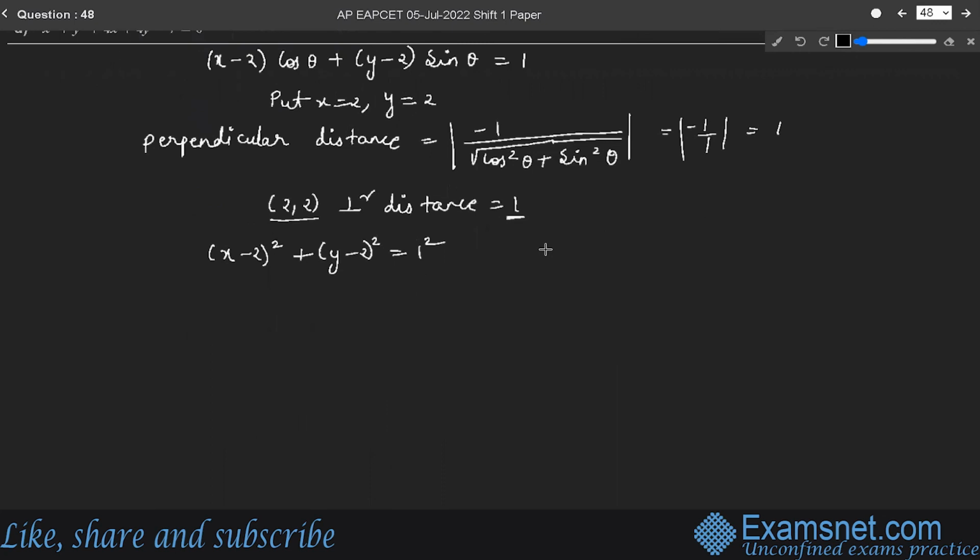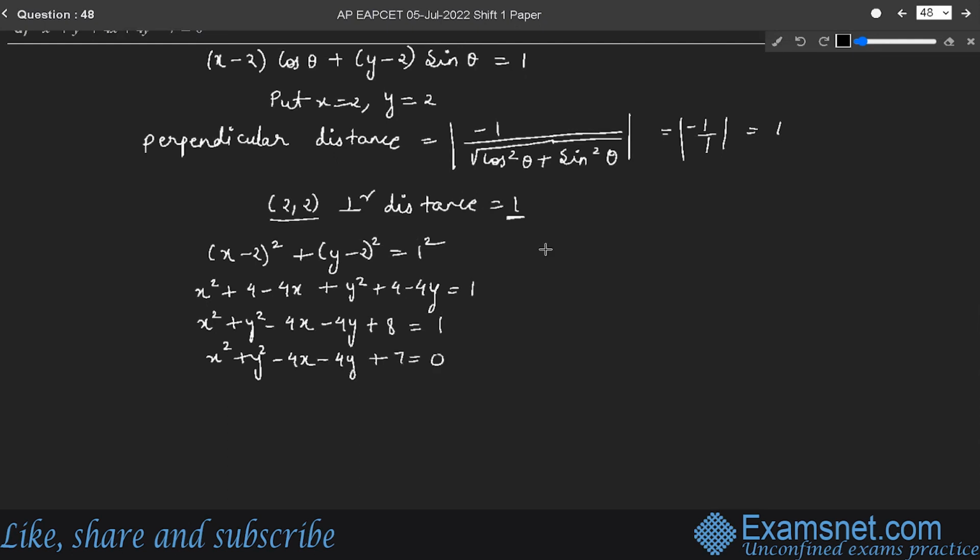On further solving this will be x square plus 4 minus 4x plus y square plus 4 minus 4y is equal to 1. On further simplifying, this will be x square plus y square minus 4x minus 4y plus 8 is equal to 1, which will be x square plus y square minus 4x minus 4y plus 7 is equal to 0. This is the equation of the required circle.